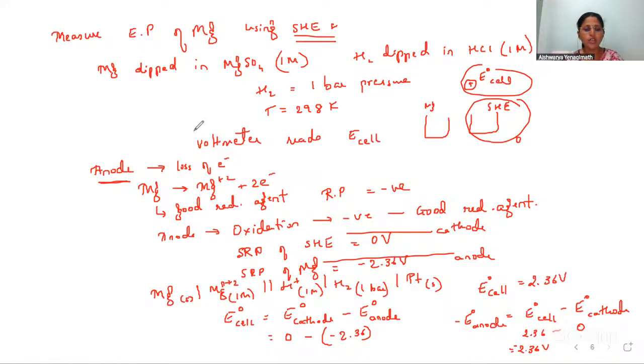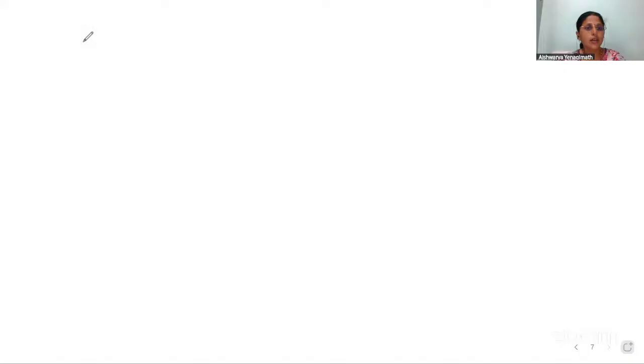So what does this mean? The value of E naught cell electrode potential, the standard reduction potential of Mg plus 2, is minus 2.36 volts. Means what? The reduction power of Mg is high.